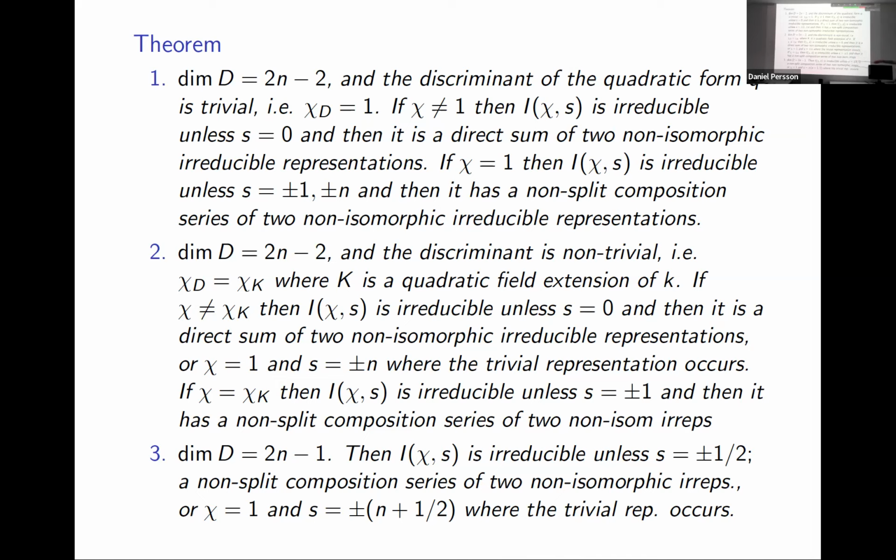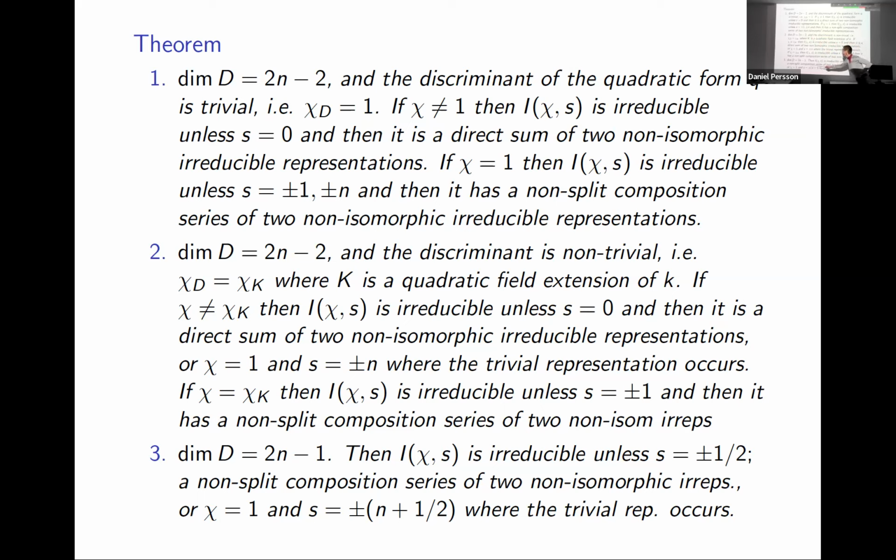So these are all these cases. For example, when you have an even spin group, you have reducibility at plus minus 1 through plus minus n if chi equals 1, which happens, so you really have a trivial representation here. If chi is different from 1, you do not have the trivial representation, you have just a reducibility here, and the similar thing happens also here.